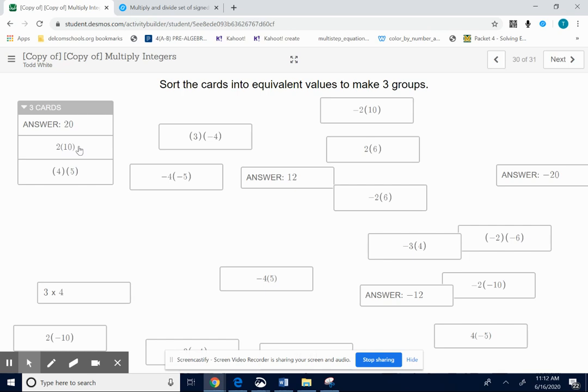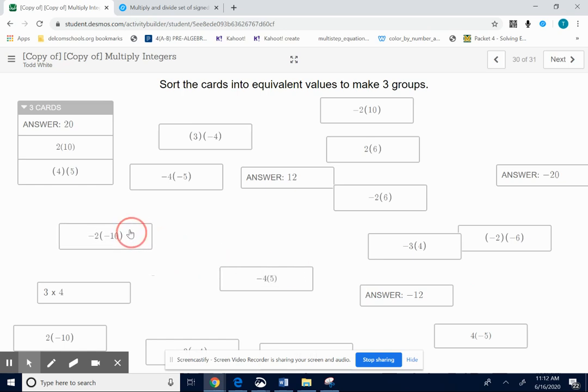When the numbers have the same sign, if there are 2 of them, like a positive times a positive, it will be a positive answer. And if it's a negative times a negative, it will be a positive answer. So I need to look for a -2 times a -10. Let's go over here.